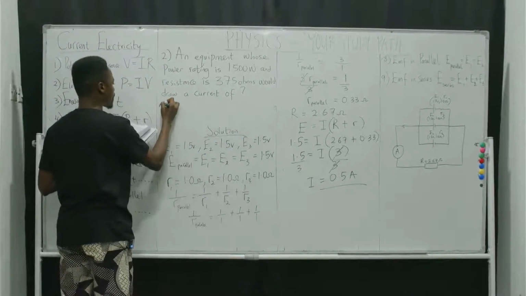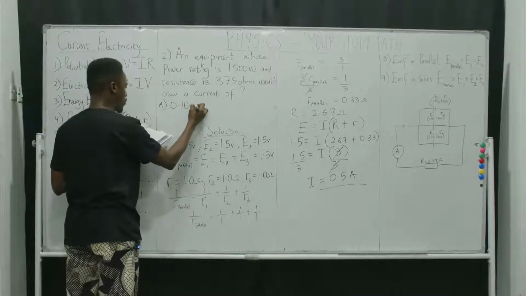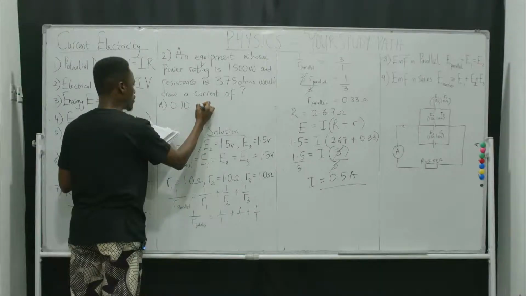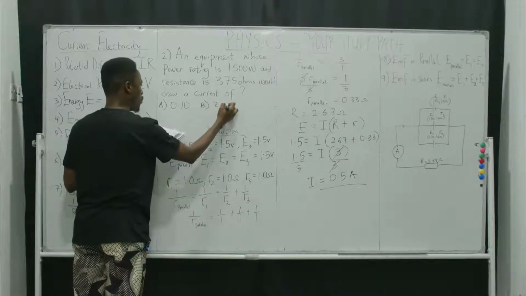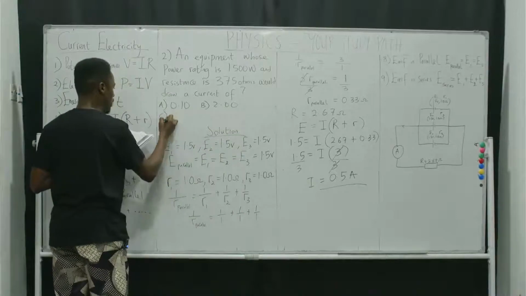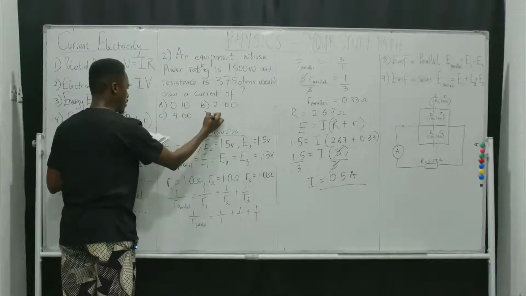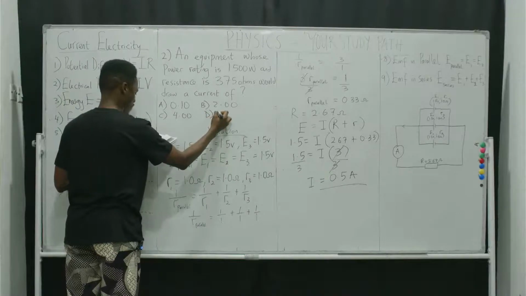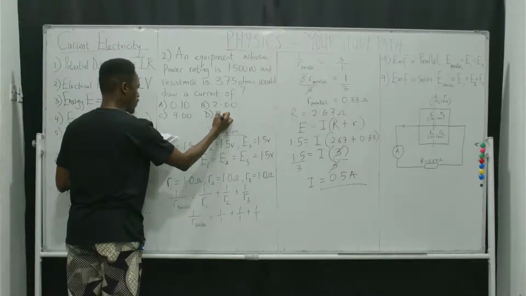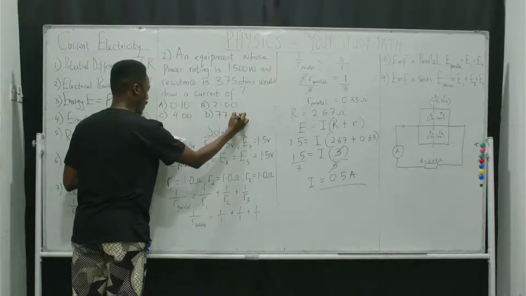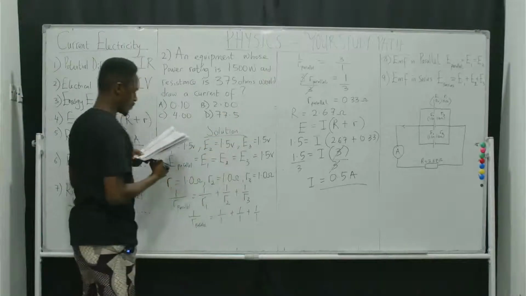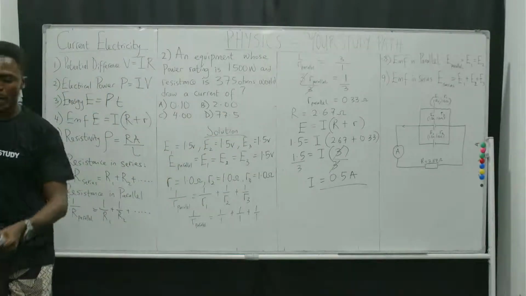Is it A, 0.10? B, 2.00? C, 4.00? D, 77.5? So which of the values do we have?